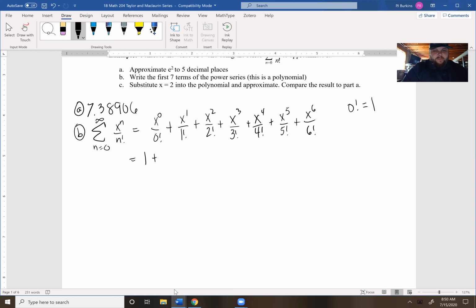Then this next term is x to the first over 1 factorial. That's just x. Then x squared over 2 factorial is x squared over 2. Then we have x cubed over 6. This is x to the 4th, that's 24. And x to the 5th, I think that's 120.